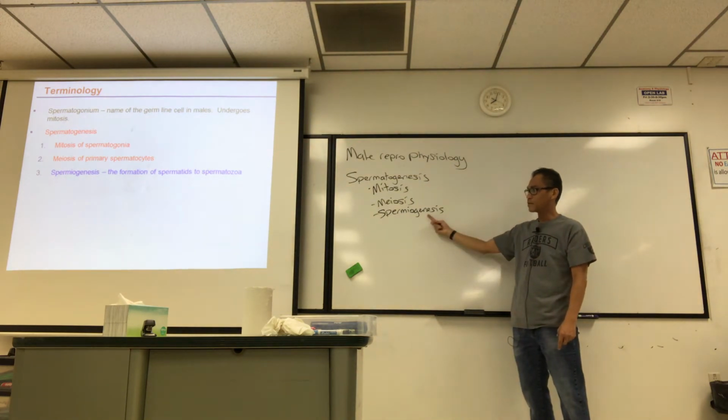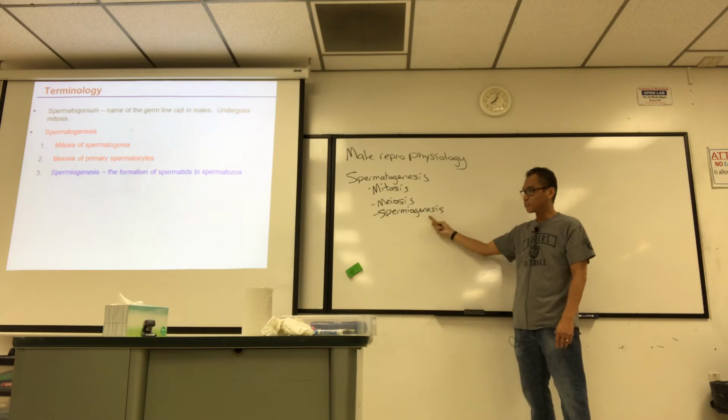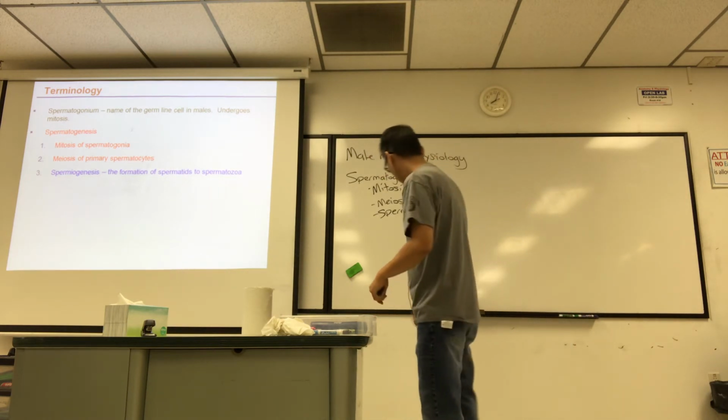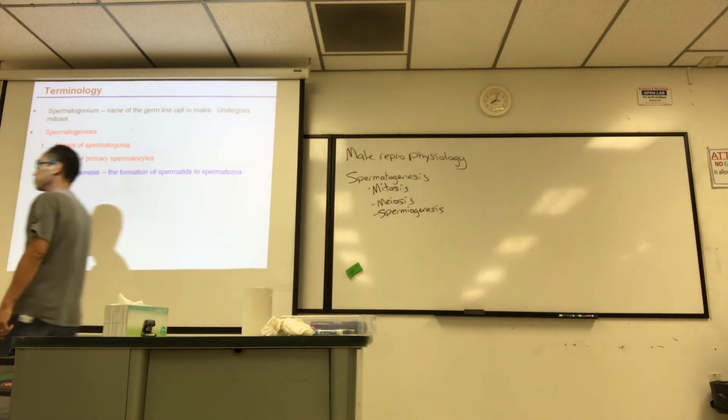Females did not have this. That secondary oocyte, there's no morphological changes because it doesn't have to travel very far when it's ovulated. It gets swept up into the uterine tube and that's it. Sperm have a long journey, so they have to change their shape to become swim ready. So that's a process that I'll describe. Now, it happens in the seminiferous tubule. Here's a picture of it.